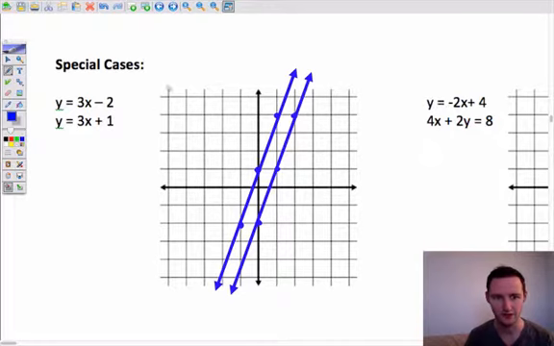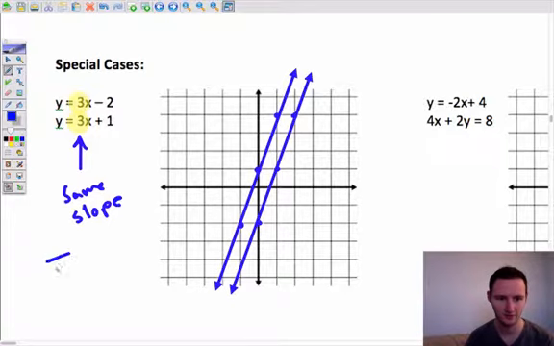And if you notice, these two lines are both parallel. That's because they have the same slope. We've talked about that maybe just real quick at some point in the year, but if two lines have the same slope, then they're parallel.